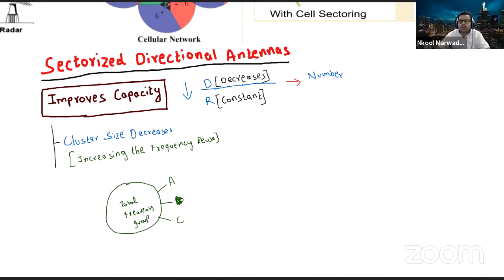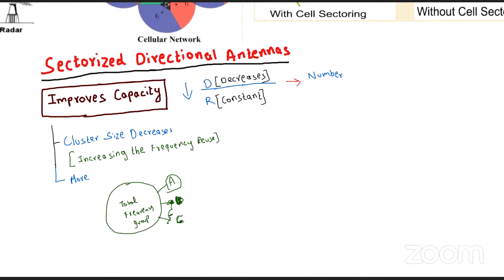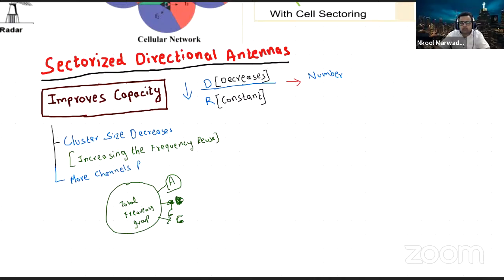If the division decreases, more channels per cell will be given. So whenever the cluster size decreases, more channels per cell will be given.